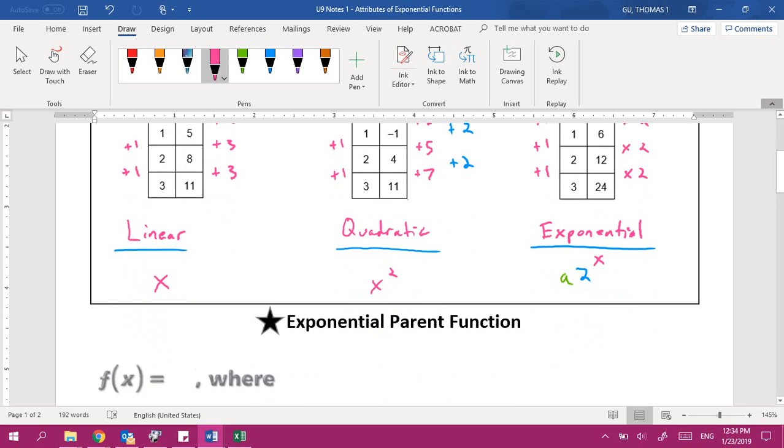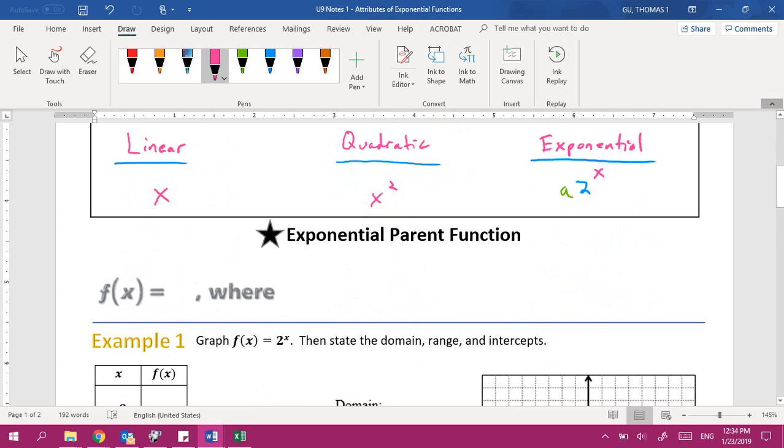All right, now let's take a look at the parent function, right? We always want to look at the basic type of function. Now for linear, quadratic, square root, absolute value, all there really is, is an x and then some kind of operation on x, right? However, for the exponential parent function, it's a little different because x cannot be by itself. You actually need a base. You need a number, so it's going to be b. I'm just putting b here.